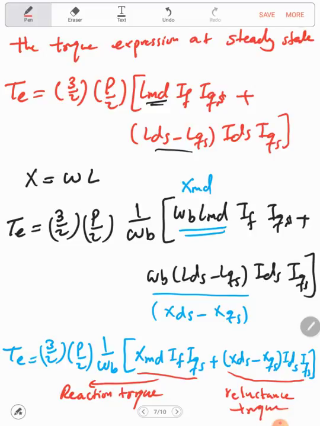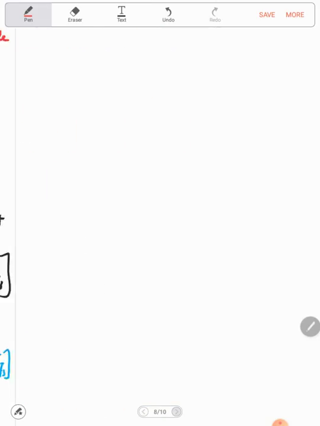So at this state we have only two terms in the torque, one due to the reaction between the IQS and IF, and the second one due to the reluctance torque. We don't have damper winding, and the reluctance torque only appears in the salient pole machine when LD is not equal to LQ. However, in the cylindrical machine, the reluctance torque is never there.